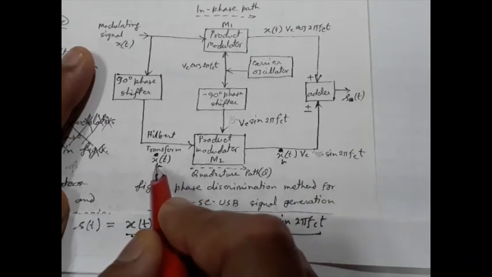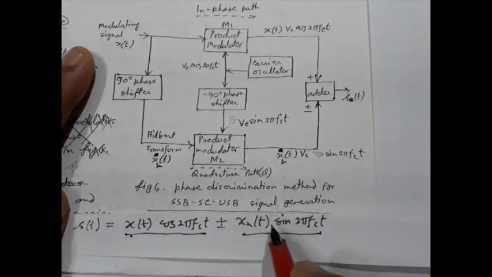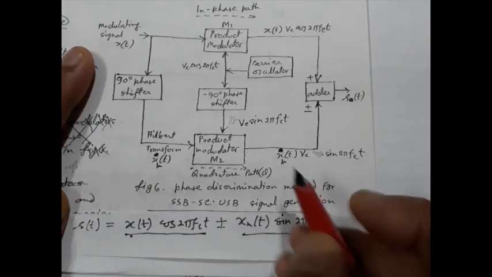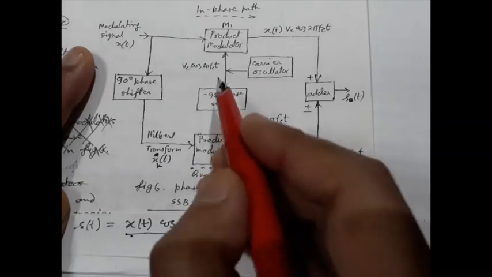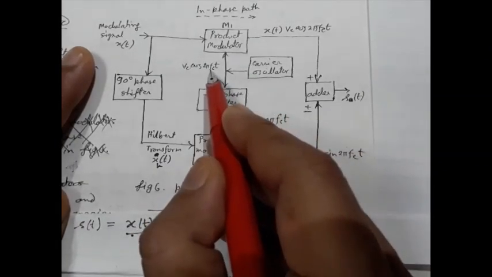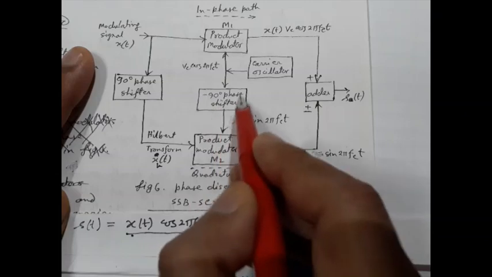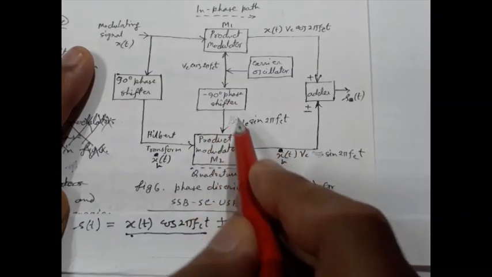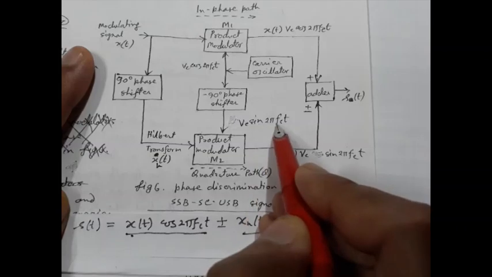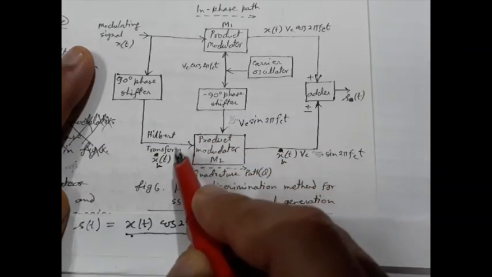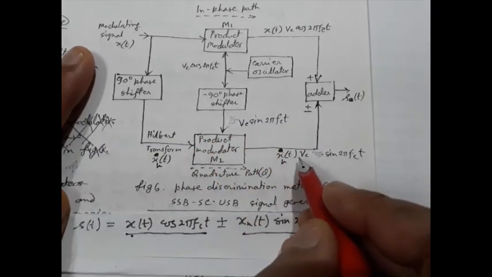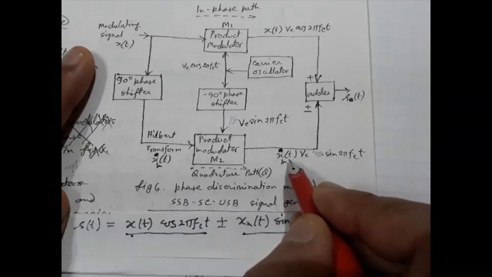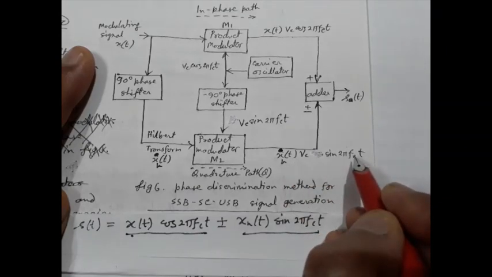So once we get this x_h(t), that must be multiplied with sin 2πf_c t. So to produce this sin 2πf_c t, this cos 2πf_c t is passed through a 90 degree phase shift. To produce this sin 2πf_c t, that sin 2πf_c t will be multiplied with x_h(t) to produce the DSB-SC signal x_h(t) sin 2πf_c t.